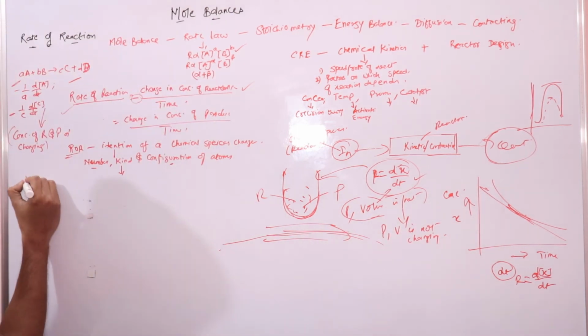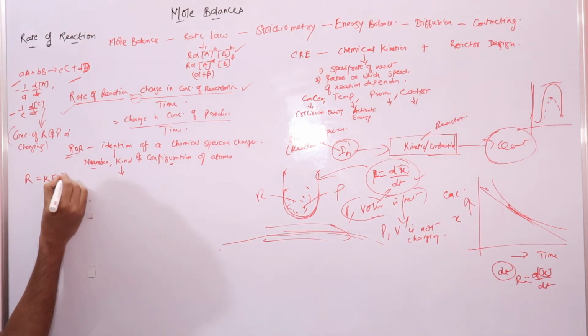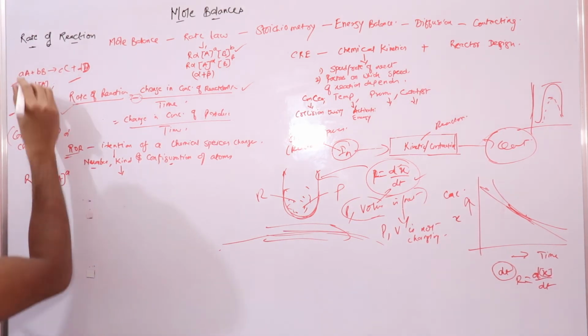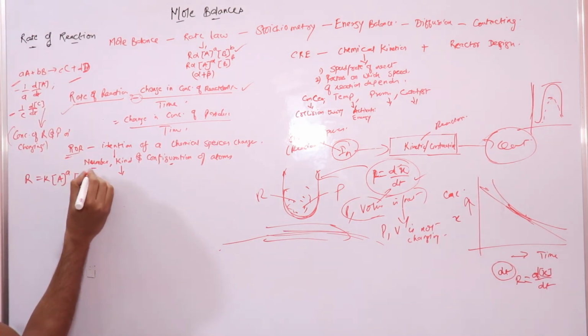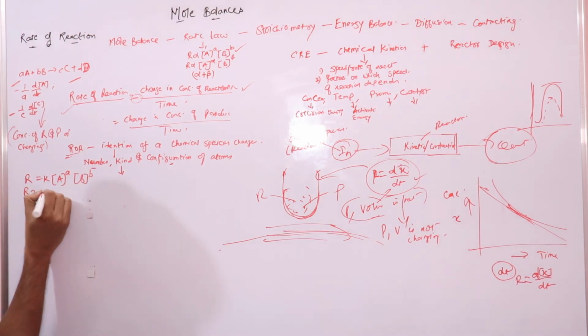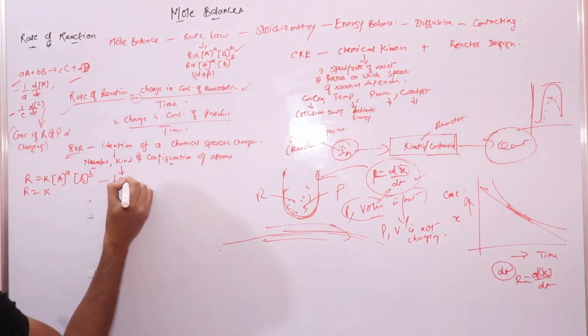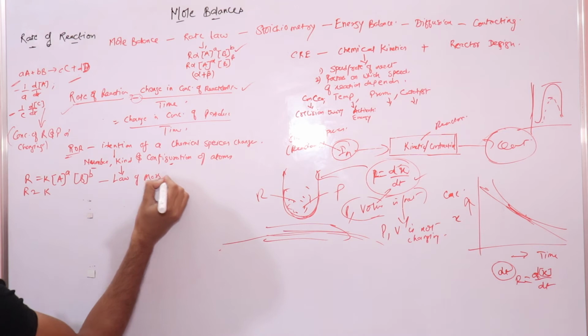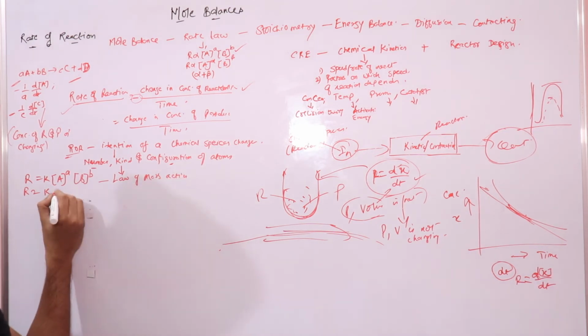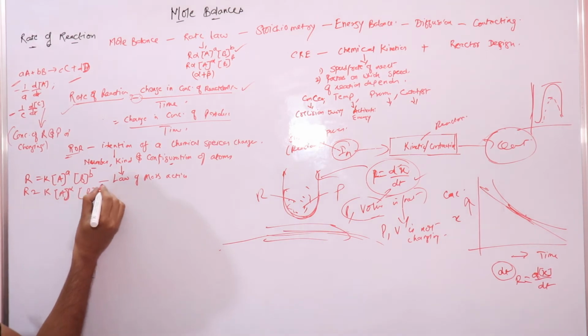If you remember, the law of mass action used to say that the rate is k times the concentration of A to the power a times the concentration of B to the power b. Whereas the experimental rate law is k times concentration of A to the power alpha, concentration of B to the power beta.